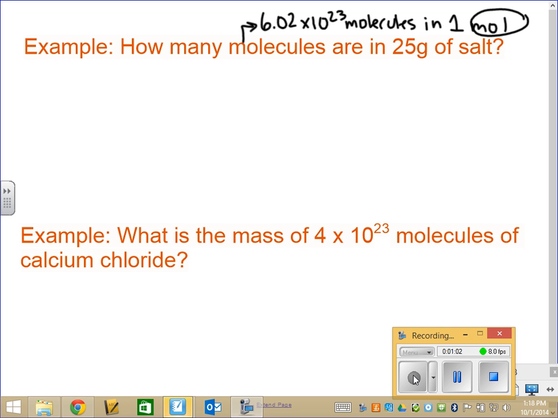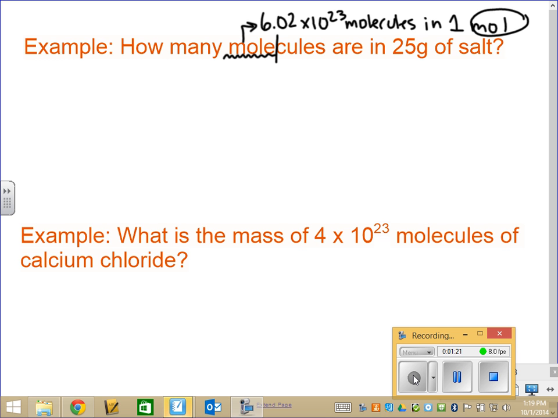And see how the word molecule has the word mole right in it? That's like a nice verbal cue that if I ask you about molecules, what I'm really asking you is figure out how many moles there are and then convert that into molecules.